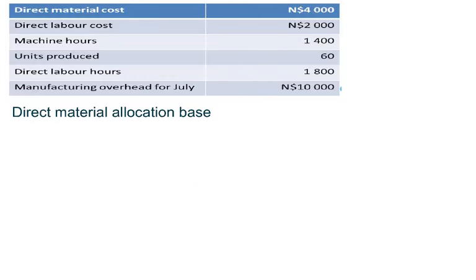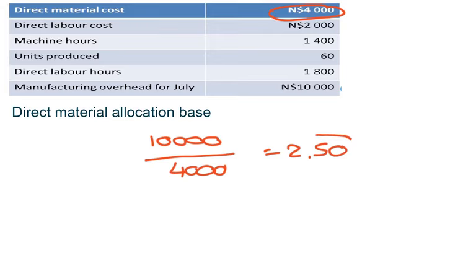Another basis is then your direct material. So we take our manufacturing overheads divided by my direct material. My direct material was 4,000 and my answer is then $2.50. What is this number telling me?